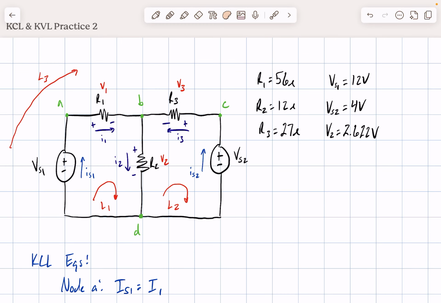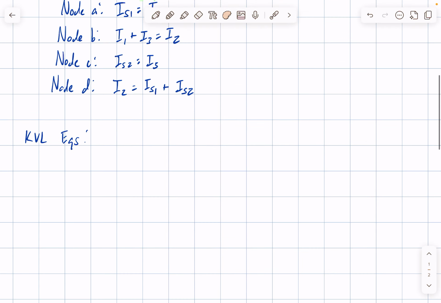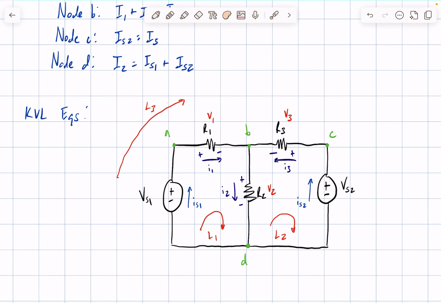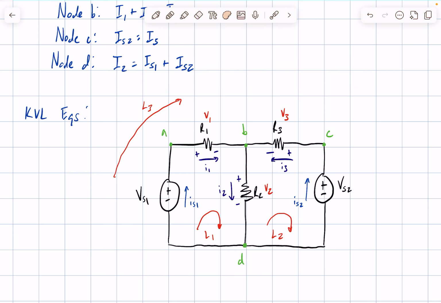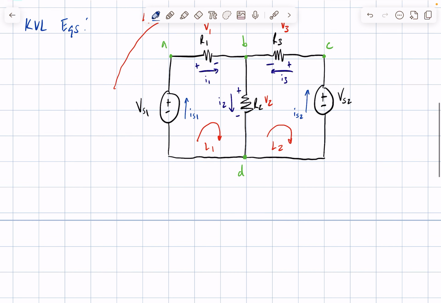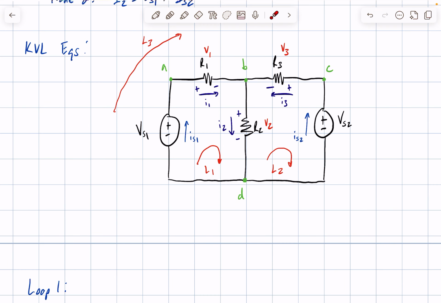I'll go ahead and copy and paste this circuit down below so we can get a better view of it as we write our KVL equations. Just looking at the circuit here, we want to write out our loop 1 equation. All we have to do is follow this loop here. We'll start at VS1, go to V1, and go down to V2 right here.